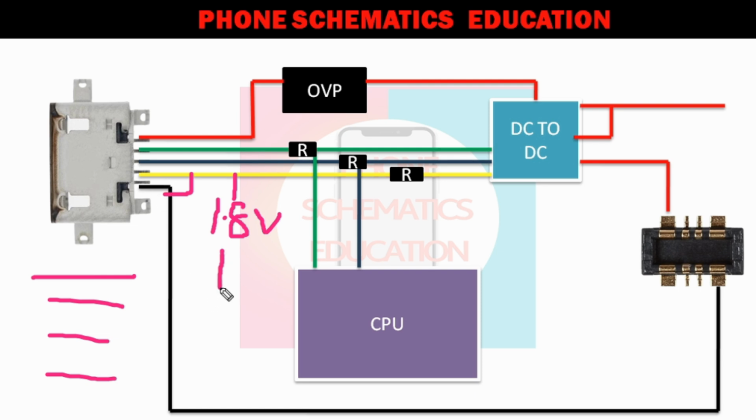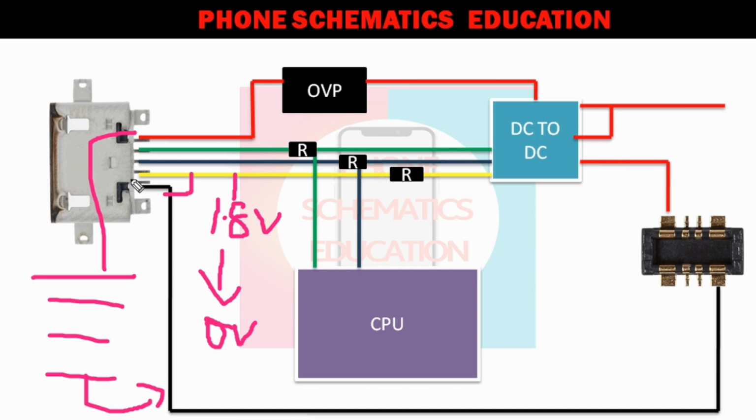Meaning this 1.8 volt becomes 0 volt. So your positive connects to positive, data minus to data minus, data positive to data positive, and your ground to the ground pin. 4 lines connect with the 4 lines. Now your 1.8 becomes ground, or you can say 0 volt.